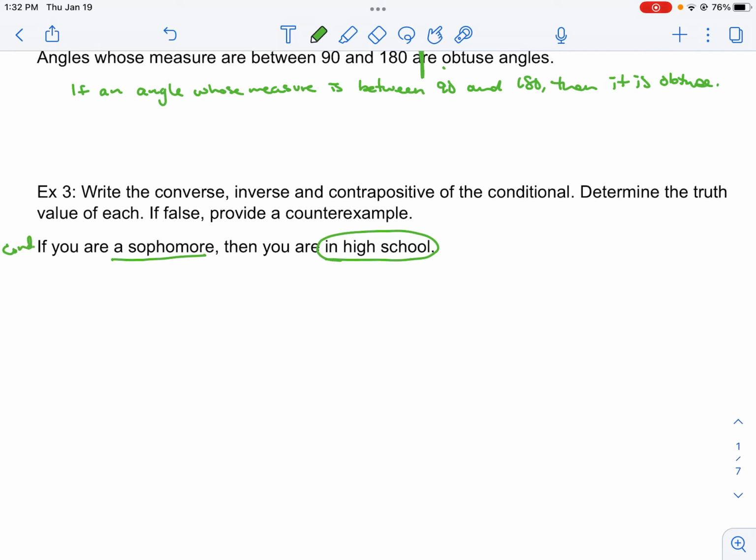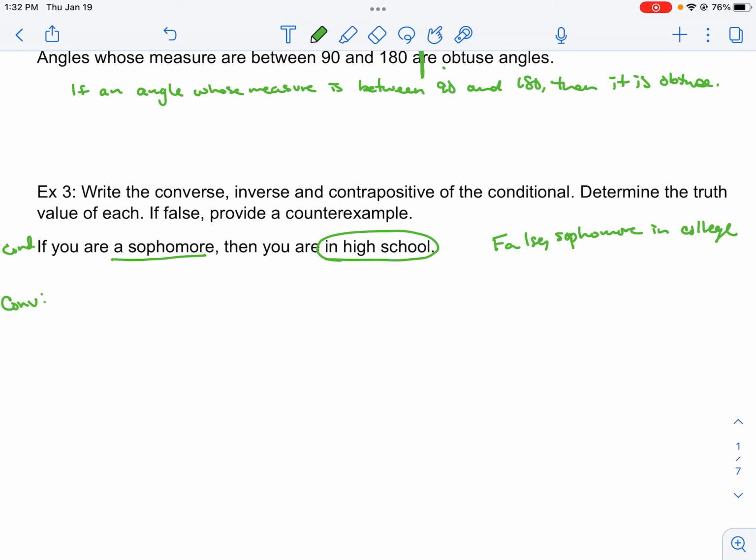Just remember that. If you are a sophomore, then you're in high school. Now, technically, this is false because you could be a sophomore in college. So my counterexample: sophomore in college.